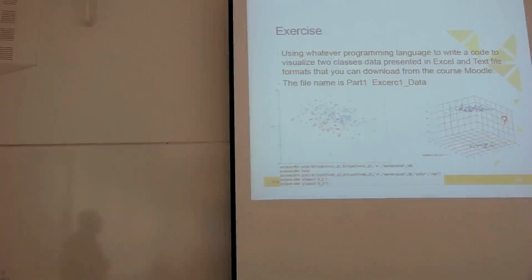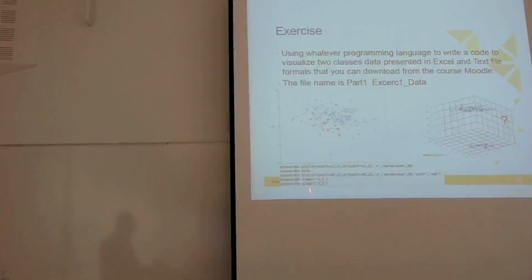As an exercise, there is data in our model where we have two classes of data. You can find them as class 1 and class 2. What is required is to try to visualize those data in two classes. Use whatever language you like, but I like to visualize the data.